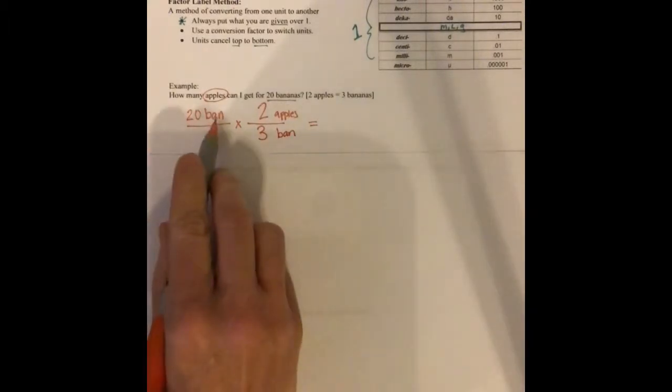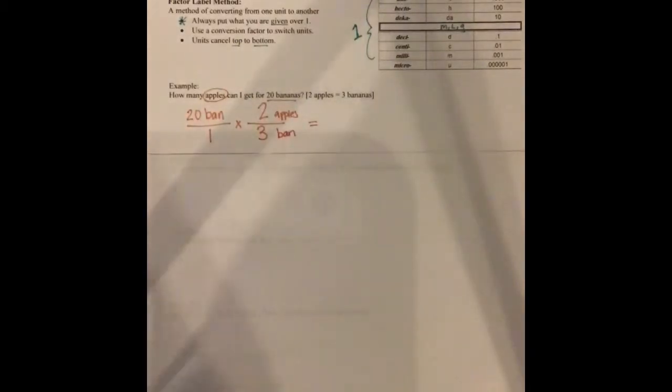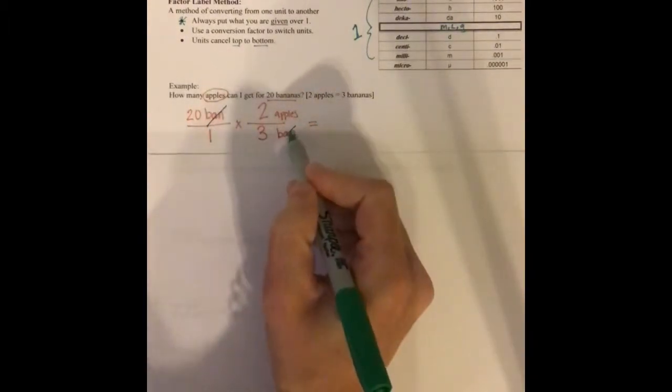Okay, so once you have your units set in place, then you just fill in the conversion factor given. You always want to check that your units cancel top to bottom. Bananas on top cancels with bananas on bottom, and you're left with apples, which is what you want to find.